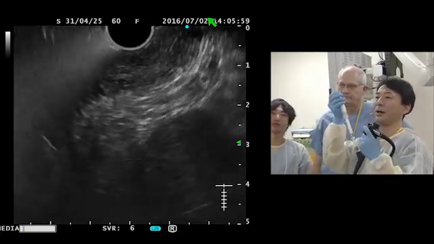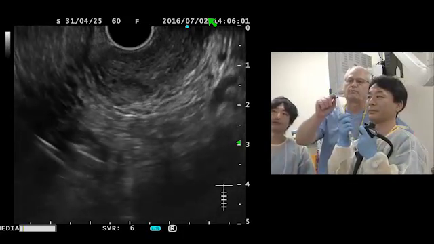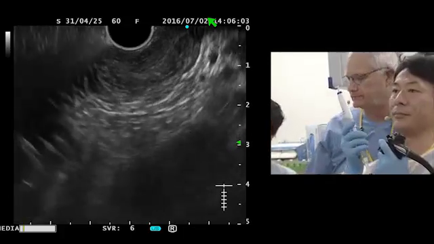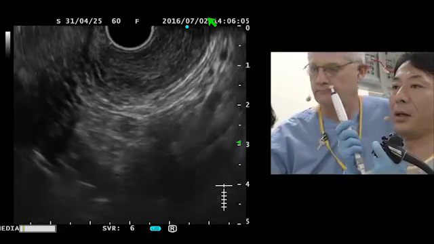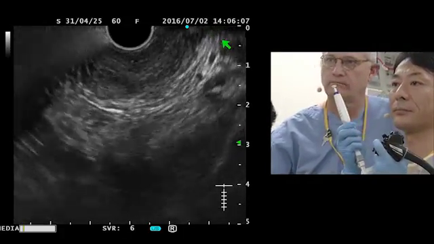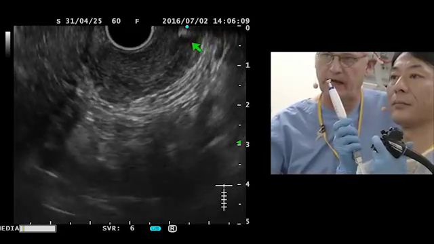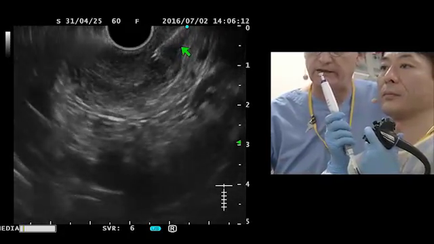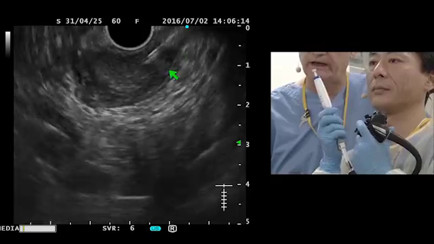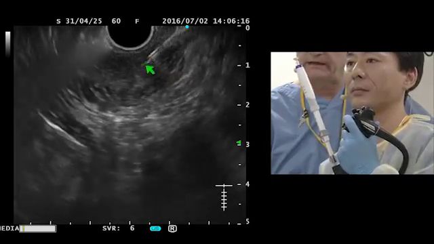Okay, I will pack it. So we pull the stylet back just a little bit. Here is the needle coming out. He adjusts the needle with the elevator, and now we are clearly in the lesion.